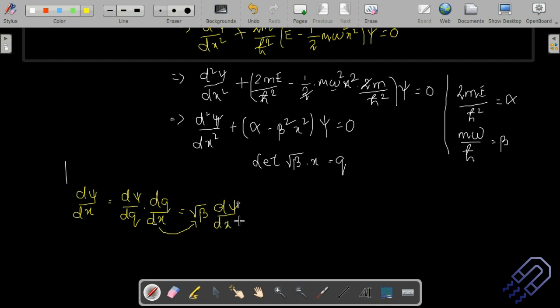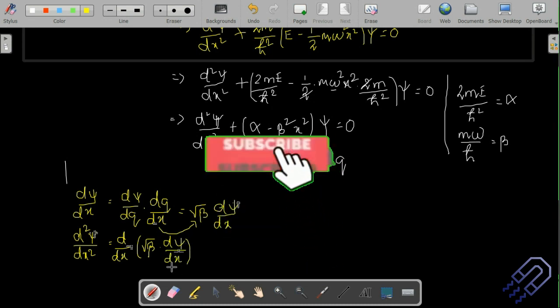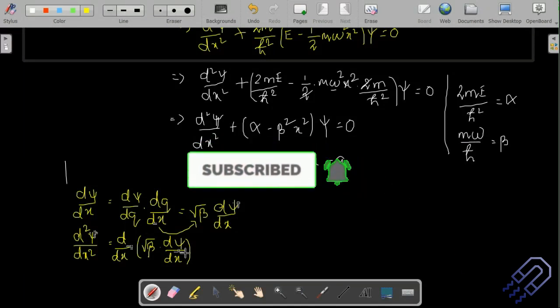Okay, what we can do now is we can again differentiate it, take the second order d square psi by dx square. These are tricks to simplify this, and this would be nothing but d by dx of root beta into d psi by dq. Okay, again more or less the same thing.